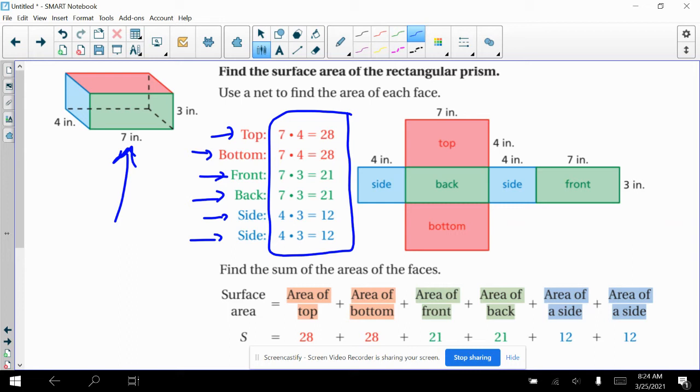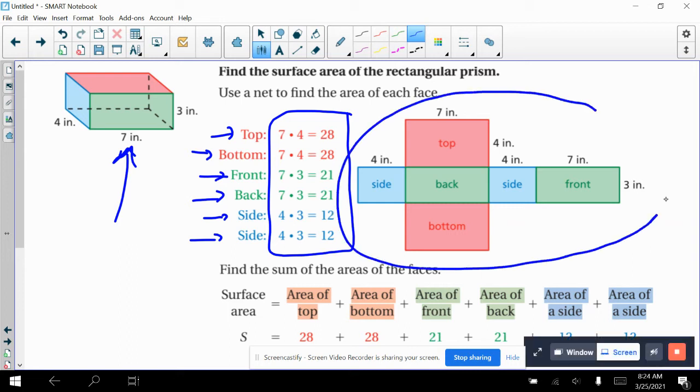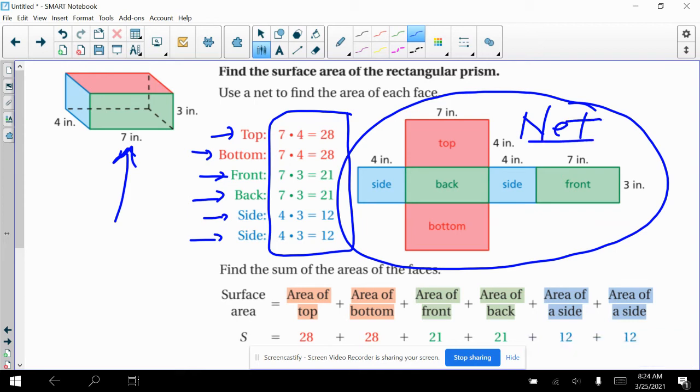But the point of this slide is this. This is what a net looks like. They may give you a net. They may give you the three-dimensional figure. I don't know. But from there, they will have markings. And from the markings, you already know how to find the surface area, right?